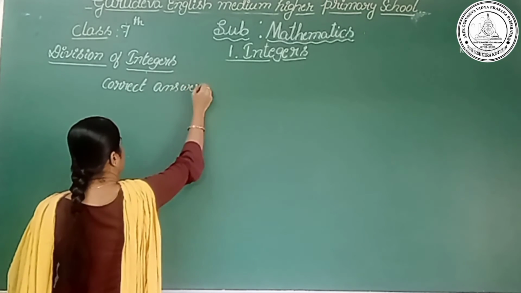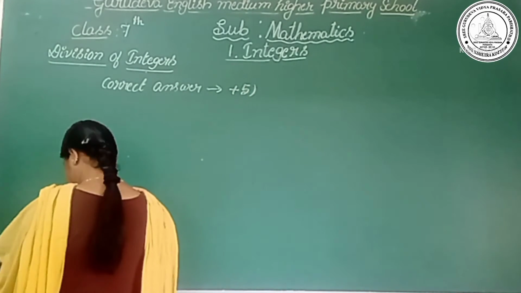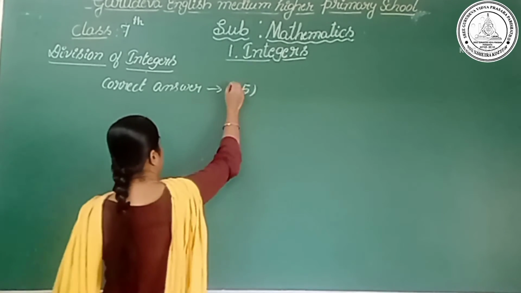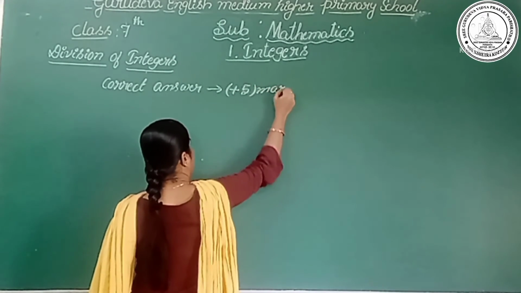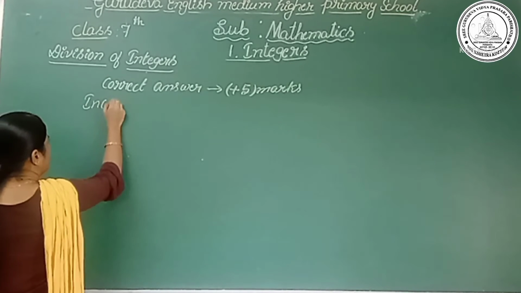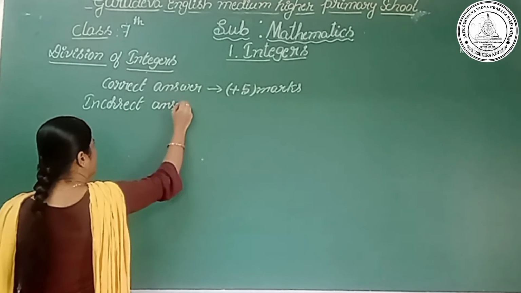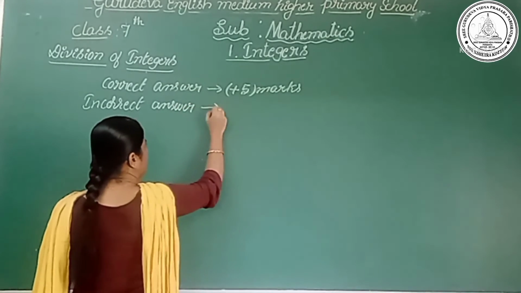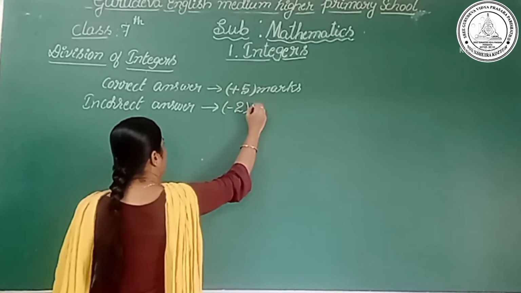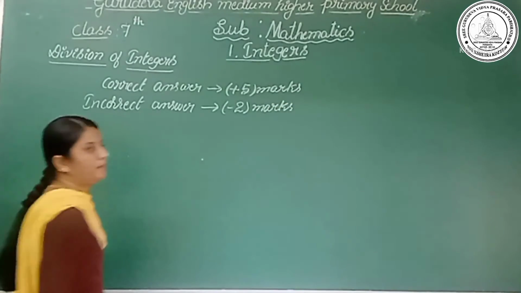So here they said that for every correct answer, they will give plus 5 marks. But for every incorrect answer, minus 2 marks.